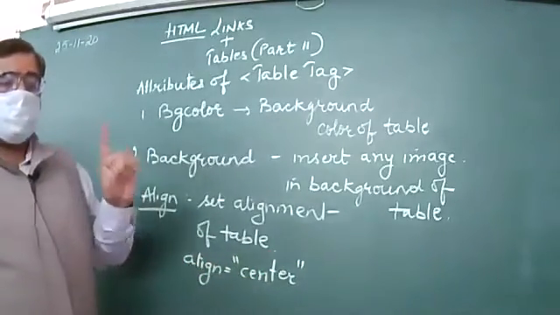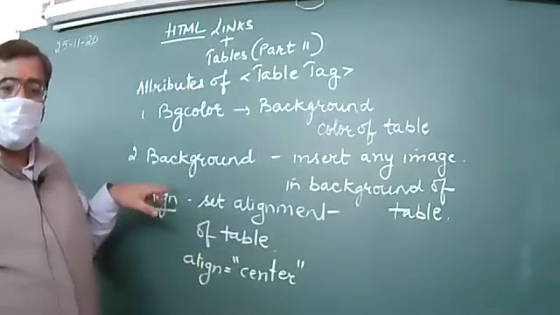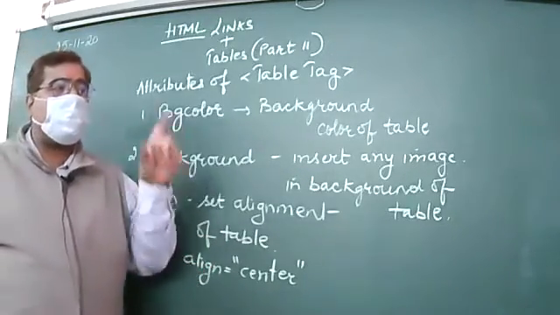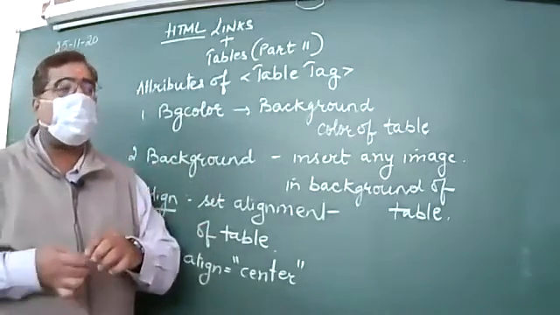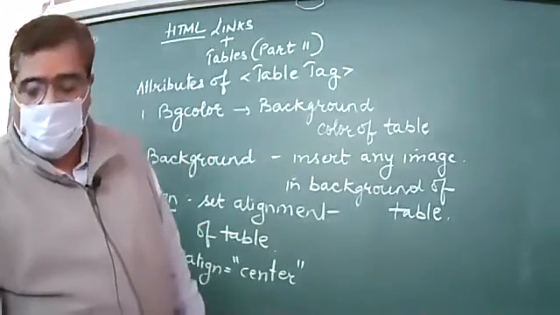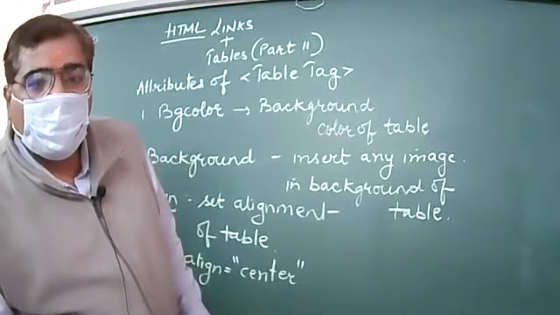But remember one thing here, the align attribute of table tag is used to set the table in the center. It will not affect the data inside the table, right?